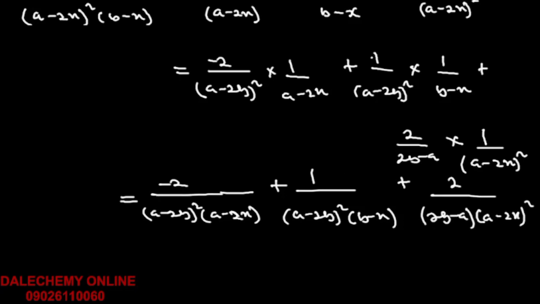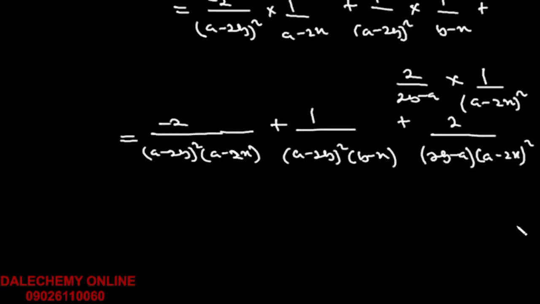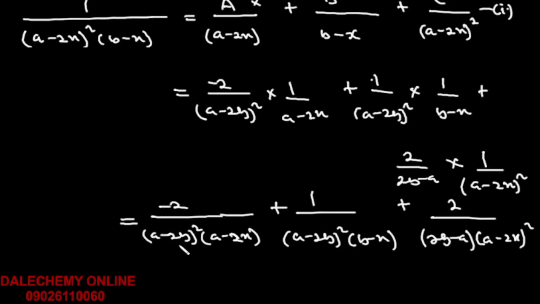So this is the equivalent expression, and you can see now that all the constants are separate and all the x terms are on the other side. So we can have 1 over (a minus 2x) squared (b minus x).